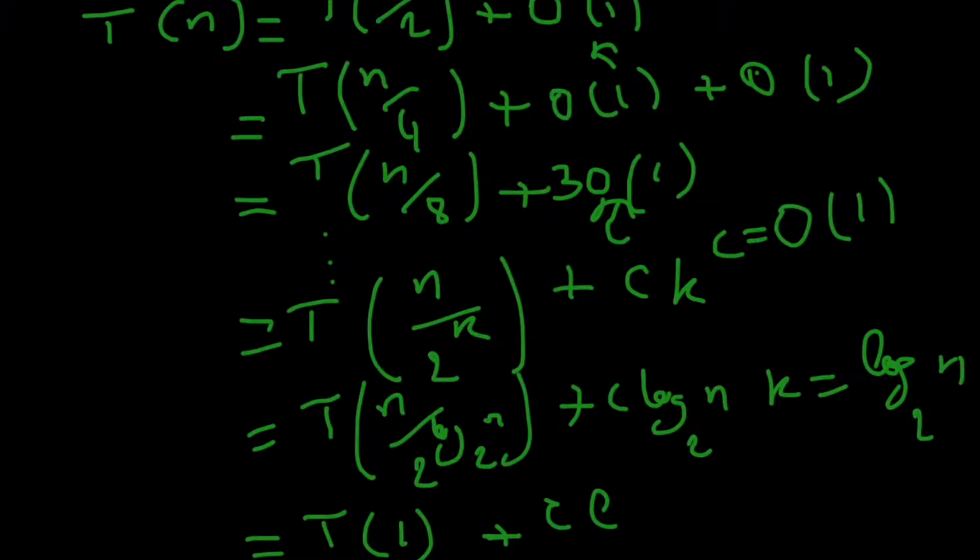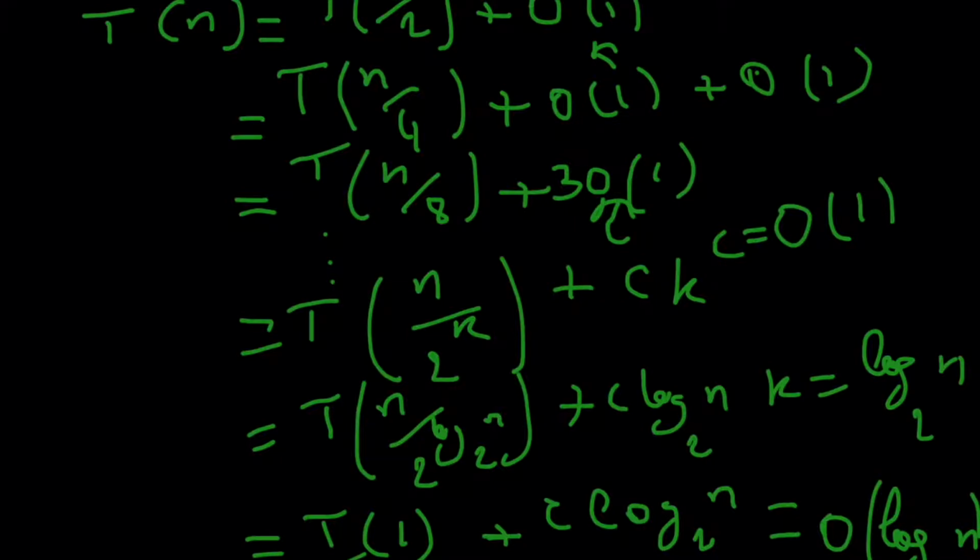Now this is log base 2 of n multiplied by a constant, and T of 1 is just 1, because finding the peak for one array element takes constant time, so we can ignore that, and this would be O of log n.